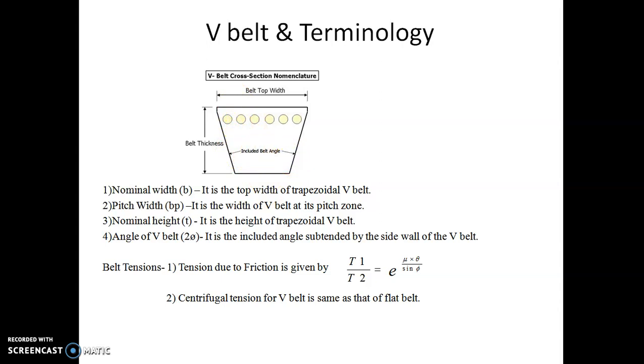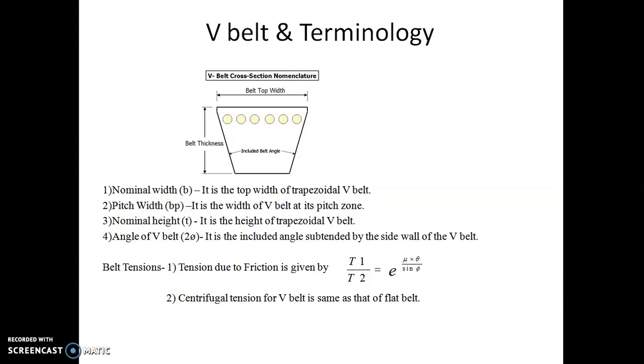The next one is belt tension. The power is transmitted by the belt due to tension in it. Basically, there are two types of tension. The first one is the tension due to friction, and the second one is tension due to centrifugal force, that is centrifugal tension. Now the tension due to friction is given by T1 upon T2 is equal to e raised to mu theta upon sin phi.